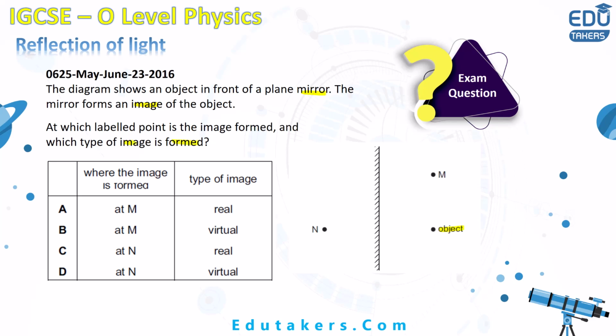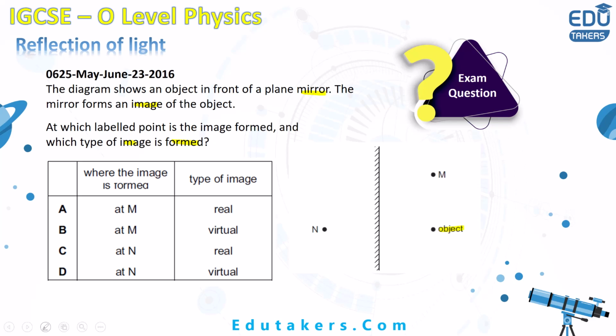So remember that the image which is formed by the plane mirror is always virtual. You cannot focus this image onto a screen. So the answer to the second part is virtual image. You also have to label the point where the image is formed.